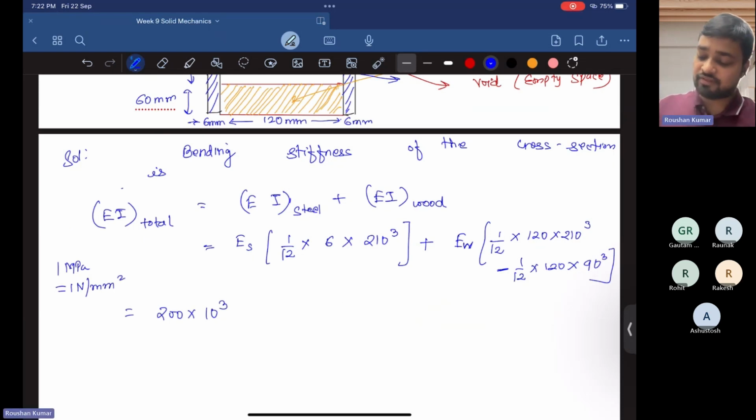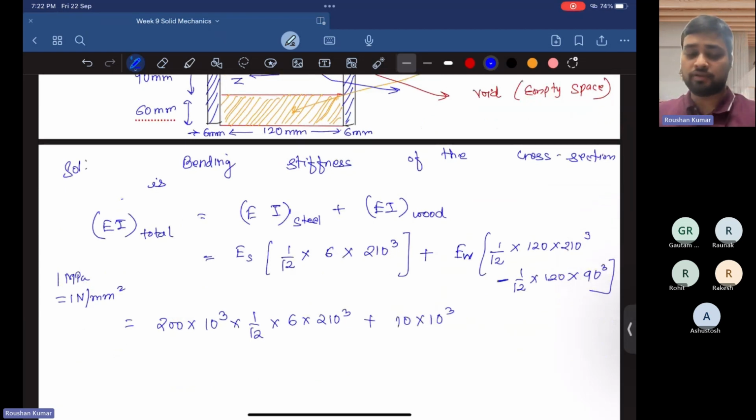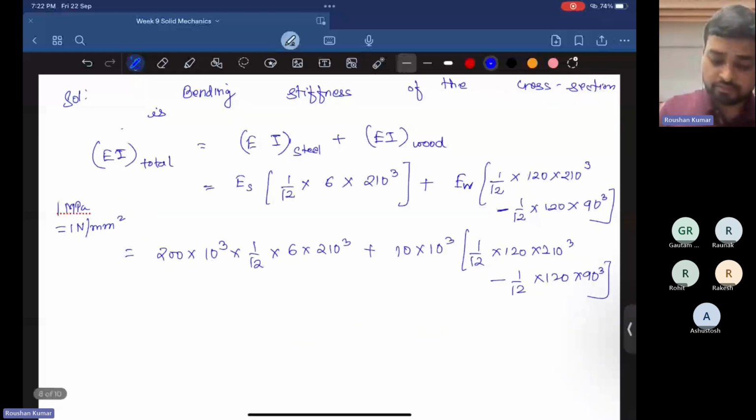In megapascal it is given as 200 times 10 to the power 3 times 1 by 12 into 6 into 210 cube, plus EW is given as 10 gigapascal, which is nothing but 10 into 10 to the power 3 megapascal, that is 10 into 10 to the power 3 Newton per mm square, times 1 by 12 into 120 into 210 cube minus 1 by 12 into 120 into 90 cube. I'm calculating this using a calculator. You can also calculate and tell me the answer.